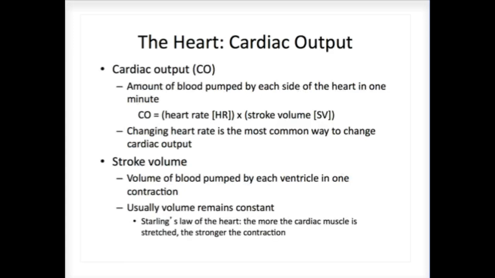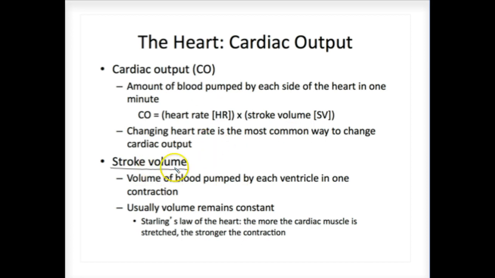Now, when we talk about cardiac output, or the amount of blood that we are moving around the body, it depends on a couple of things. It's going to depend on the stroke volume, and this is the amount of blood that we move by a single ventricular contraction, and it impacts the cardiac output.